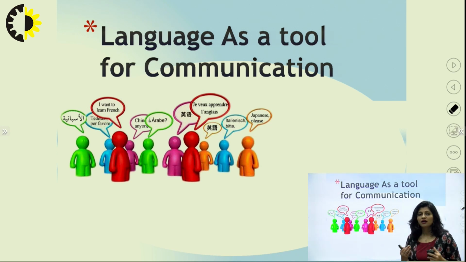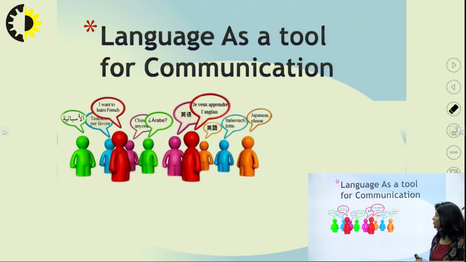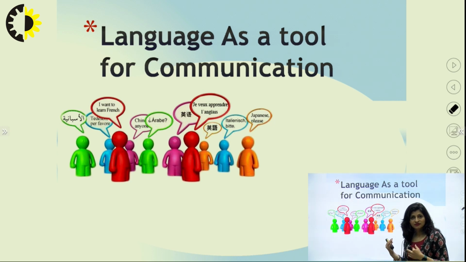So we need to learn a language since early childhood, then only we can become proficient in its use. So I hope you have understood the concept of a language and why it is so important in our life.